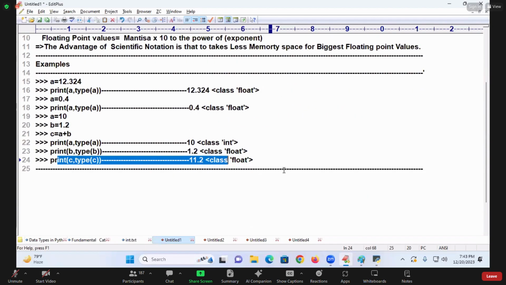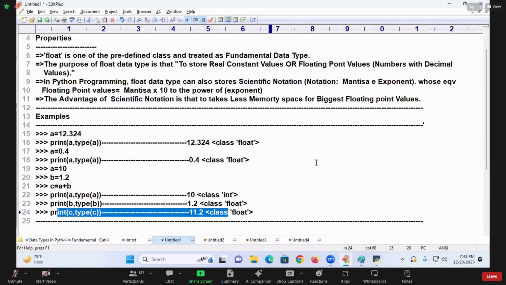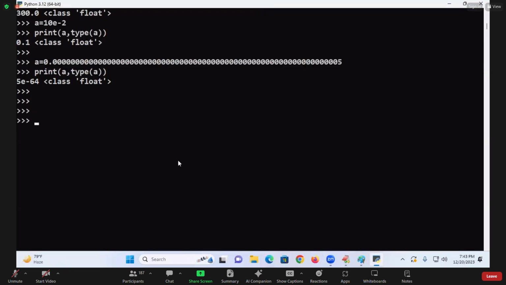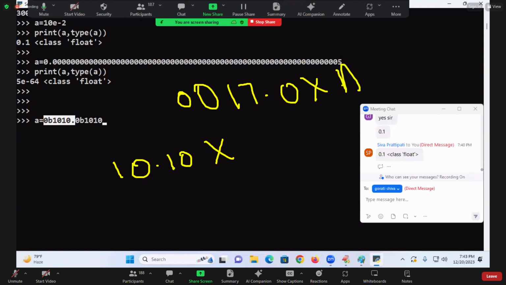And one more thing, of course, you can understand this is a new point for you. A is equal to 0b1010 dot 0b1010. You cannot understand this as 10.10; that is wrong thinking. 0o17 dot 0xac is also wrong thinking.